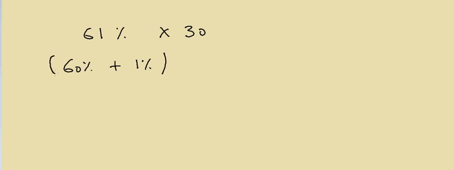Now when we are looking at more complicated numbers, for example, if I need to calculate 61% of 30, how will I do that? In that case, I can say 60% plus 1% of 30, right?